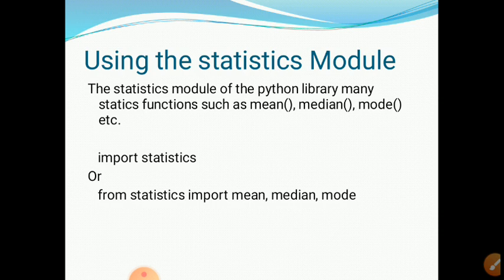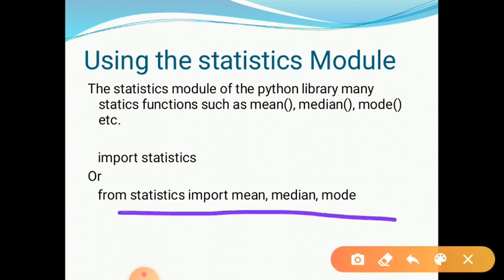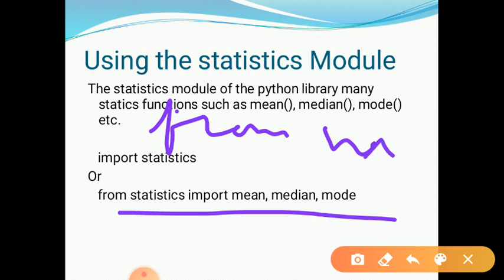Now the statistics functions. If we want to access some statistics functions in our program, for that we use import statistics, and the second way is from statistics import, then specify the names of the functions. In the math library also we can use these types. So in the other libraries I previously explained, we just write from math, then import.